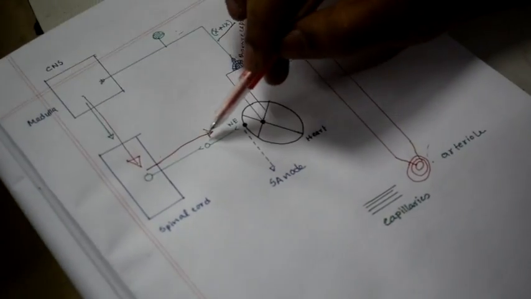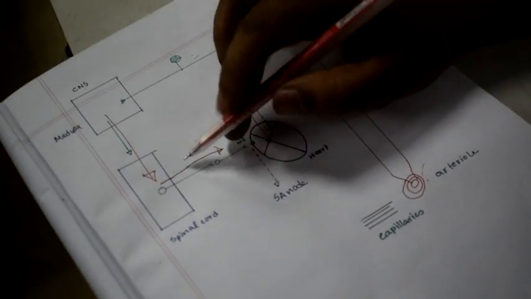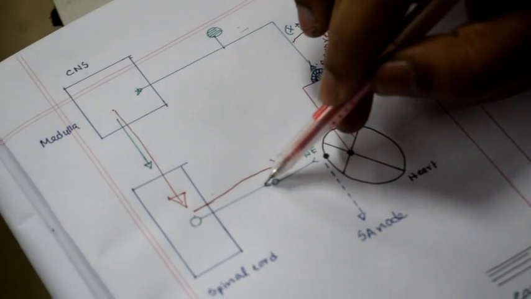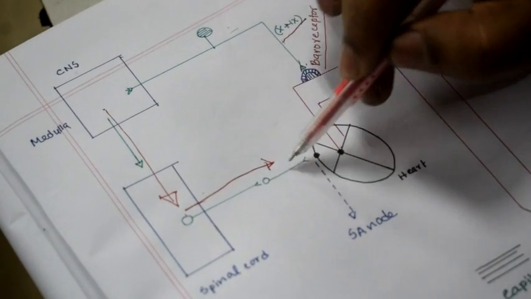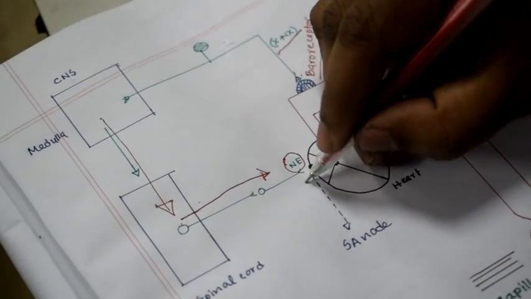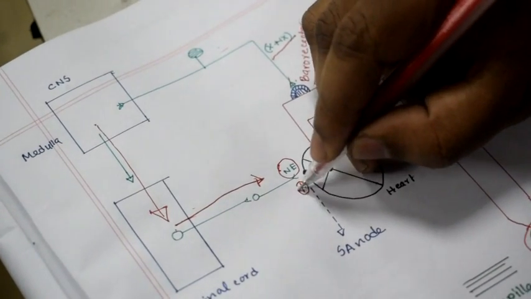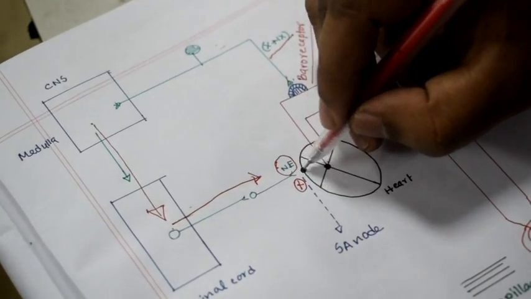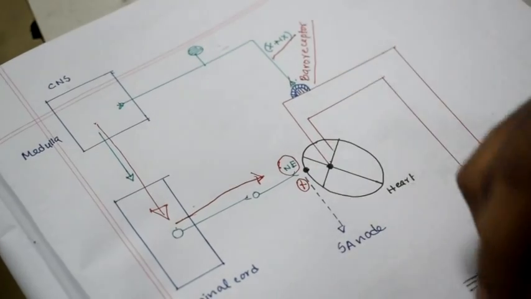When there is increased sympathetic outflow to the heart, there is preganglionic neuron of the sympathetic nervous system and postganglionic neuron. Postganglionic neuron releases norepinephrine, and this norepinephrine stimulates beta 1 receptor of the SA node. When beta 1 receptor of the SA node is stimulated, there is increased firing rate of SA node.